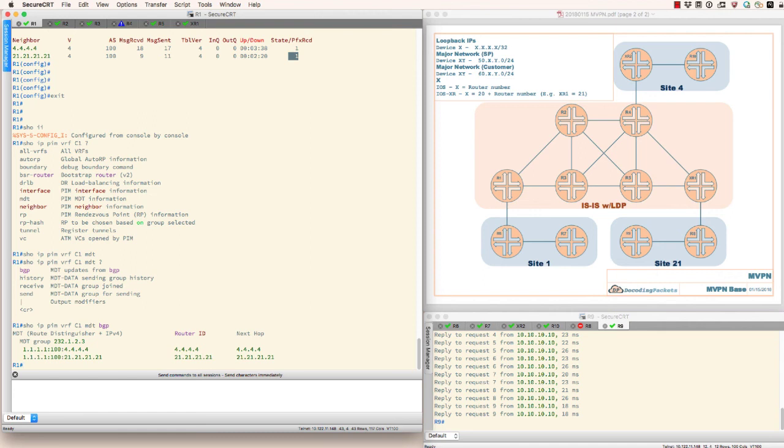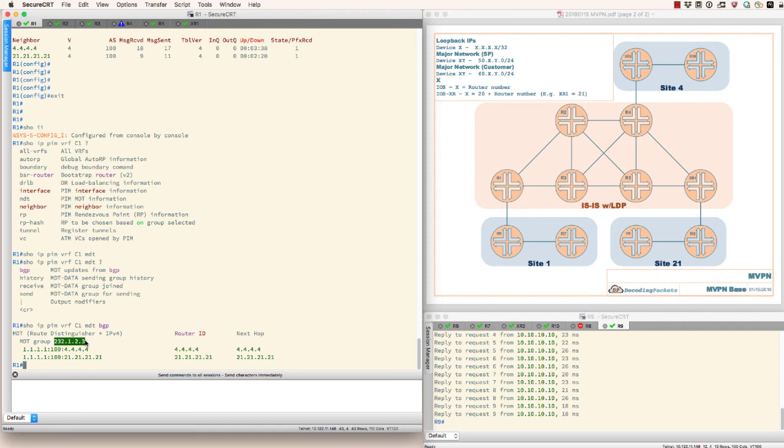And that will actually show you the received S comma Gs that you have for any group, 232.123, because remember, it's the group, not the RD. It's the group that the router uses to determine which particular MVPN these advertisements are for. And in this particular case, the advertisements are for 232.123, so it's all well and good.